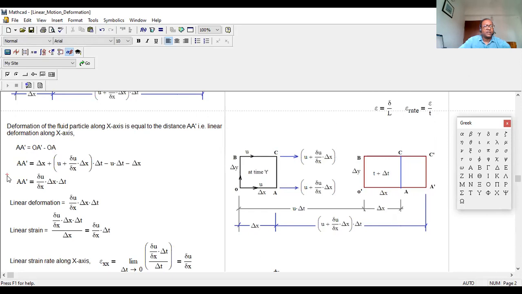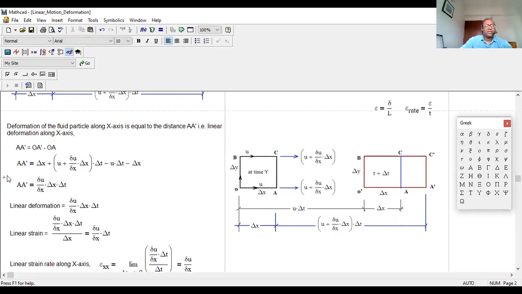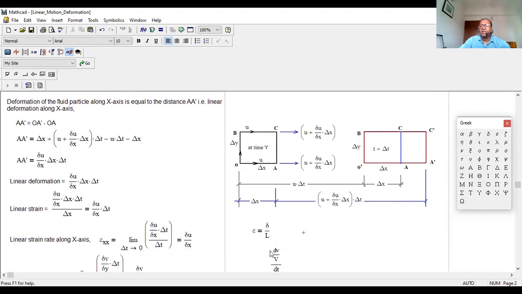After you simplify the equation, delta x will be out, the u delta t will be out. So this much length has increased. That is called linear deformation. That means if you look in solid mechanics, you get epsilon equal to delta by L.